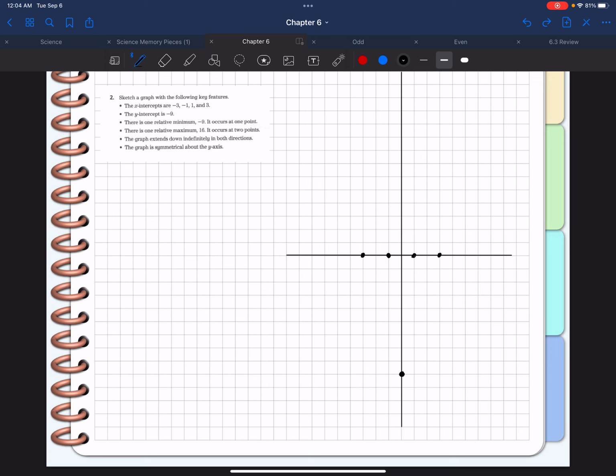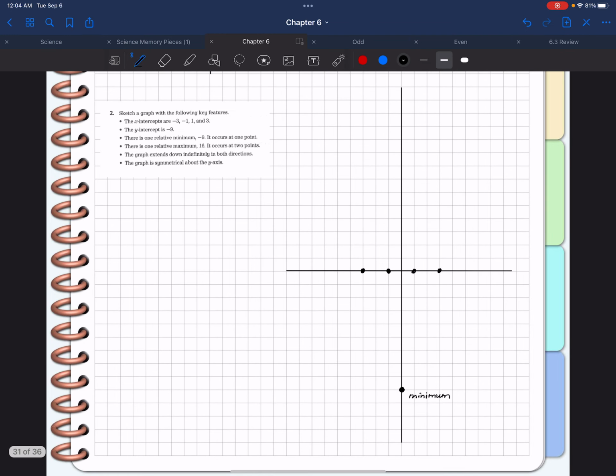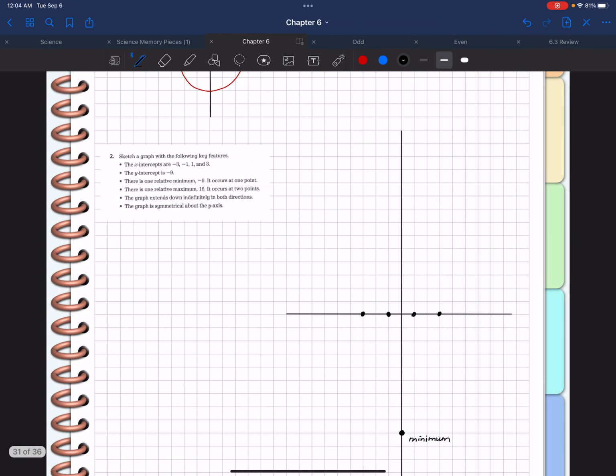There is one relative minimum, -9, and it occurs at one point. So this is the relative minimum. This is the lowest that this graph will go. There is a relative maximum, 16. It occurs at 2 points.